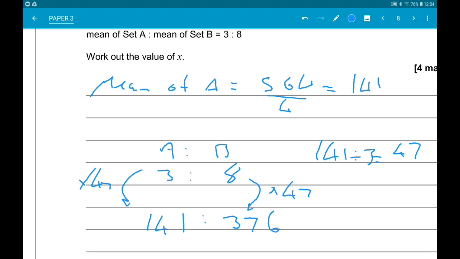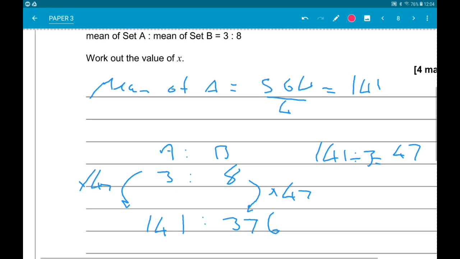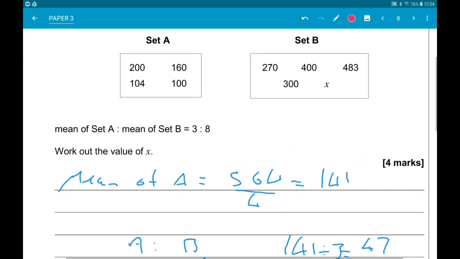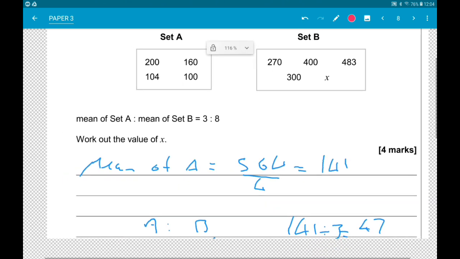Okay, so again, remember you work out the mean by adding all the numbers together and dividing by how many numbers there are. So, if we add all the numbers together in B, we get 1,453 add x.